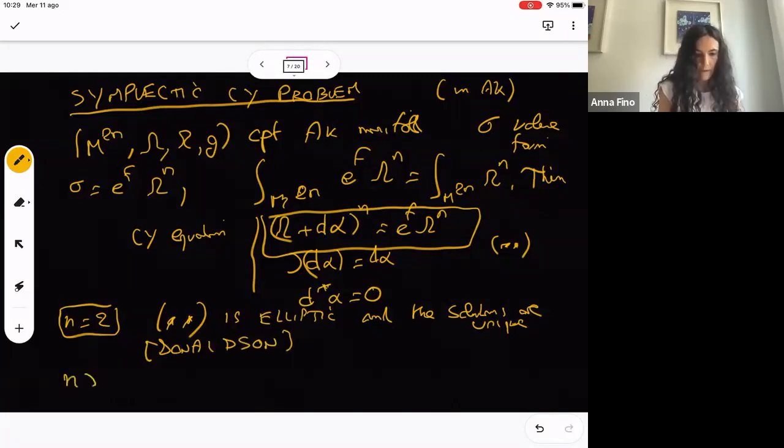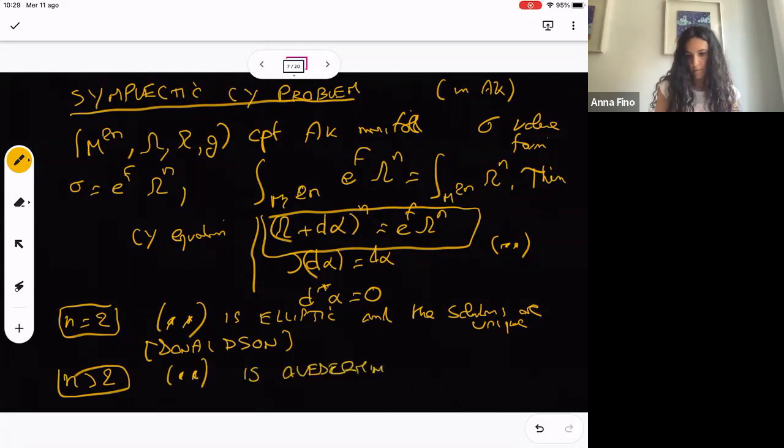And if n is bigger than 2, it is more tricky, more complicated, because the system, of course, if you put all the equations, is overdetermined. So let's say that the more interesting case is n equal to 2. For n equal to 2, of course, the system is not overdetermined.